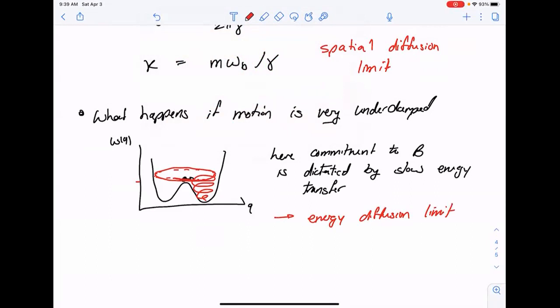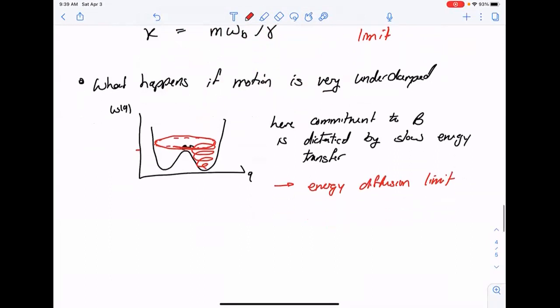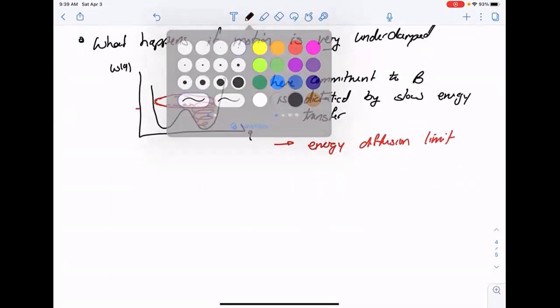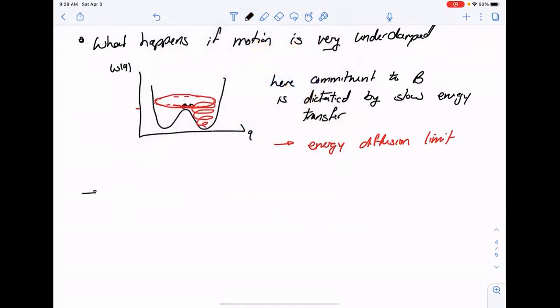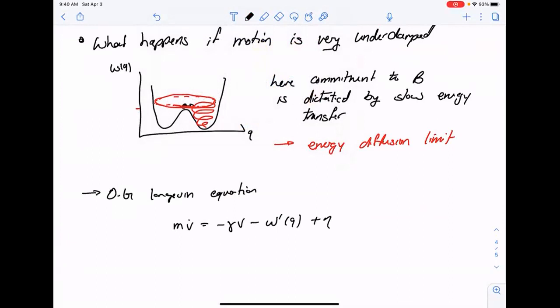To derive the transmission coefficient in this limit, we can go back to the original Langevin equation. That was m v dot is equal to minus gamma v, the force acting from that potential, and a random noise.